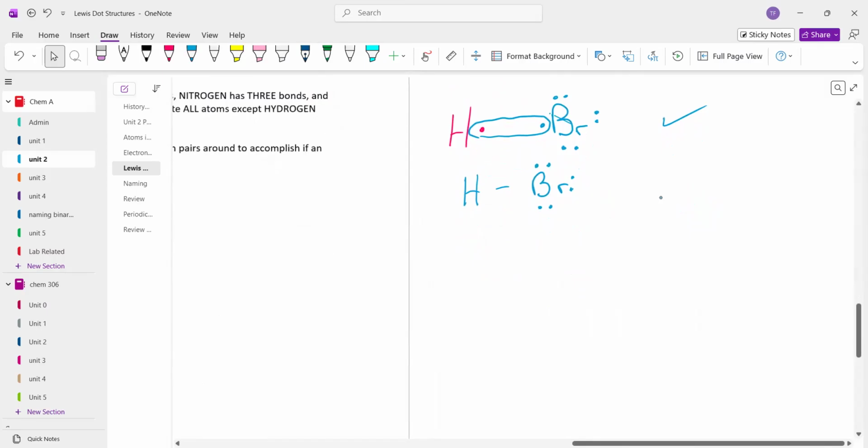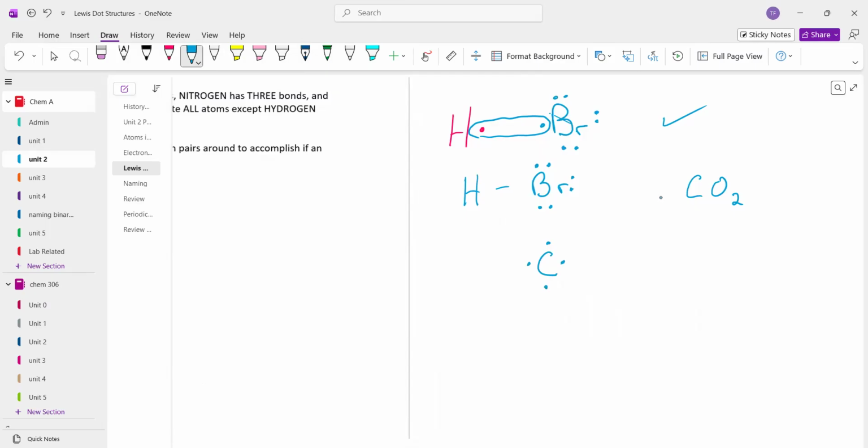All right, so let's do something with multiple bonds with carbon, for example. So let's do carbon dioxide. So it's 1 carbon, 2 oxygens. Okay, so let's put the one with the most singletons down first, which is going to be carbon. And now we're going to put the other 2 down around carbon.